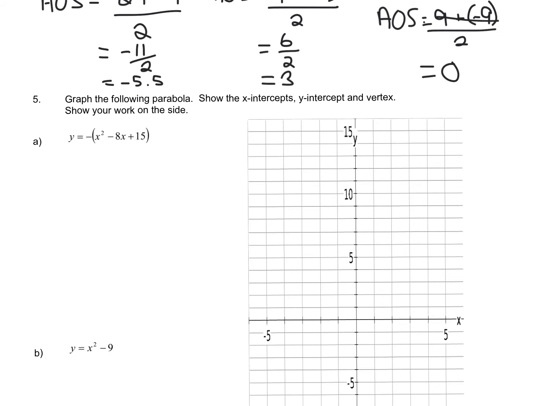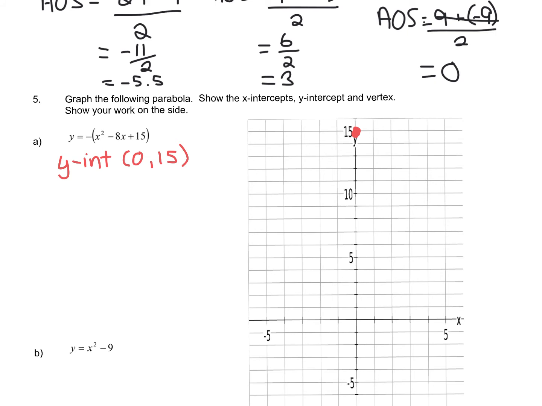Okay, so I'll do one parabola in one color and the other in the other color. The first thing you might want to notice is the y-intercept. The y-intercept is going to be (0, 15). You're just taking the c value. So (0, 15) here, okay?